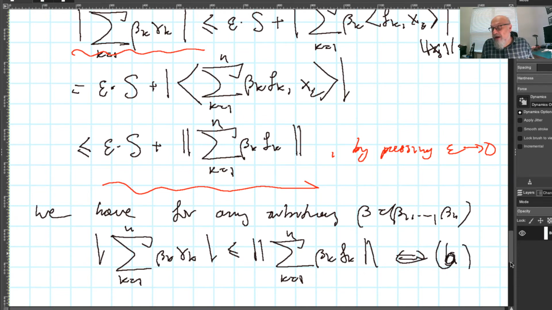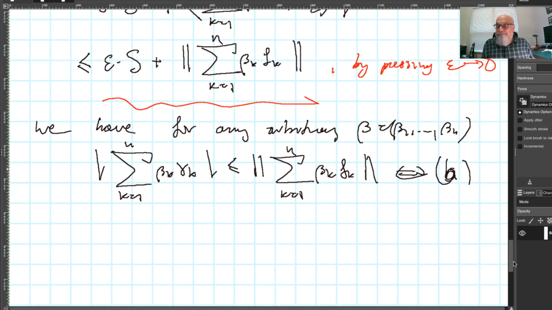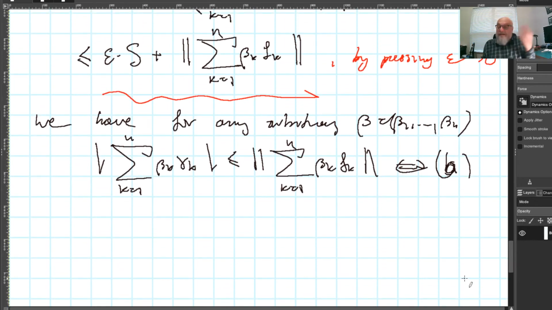So we proved that A implies B. Now let's go to B implies A, and that's exactly the condition B that we have satisfied.